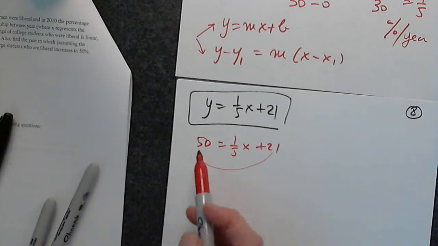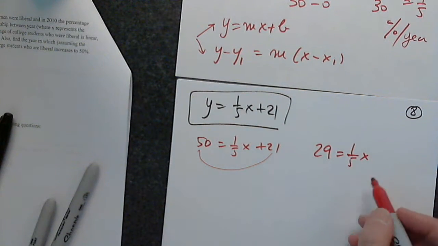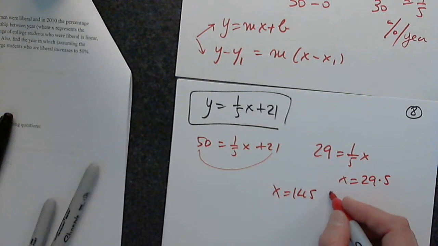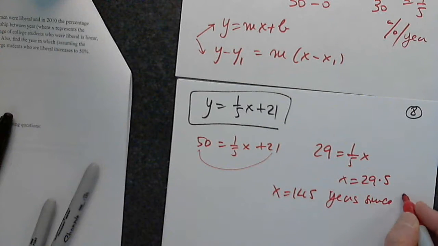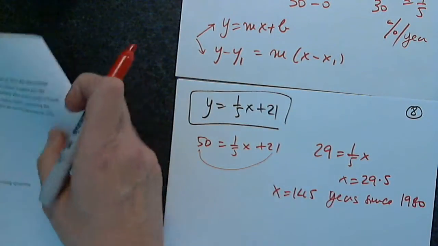I have to subtract 21, and I get 29 equals 1/5 x. So then x will be 29 times 5, 145. So 145 years since 1980. Quite a lot. We have to wait for that. Okay, good. So this is done as well.